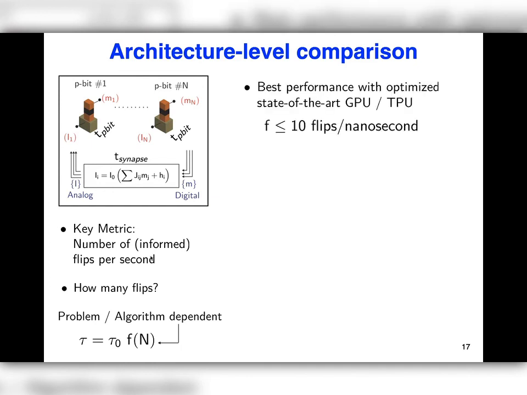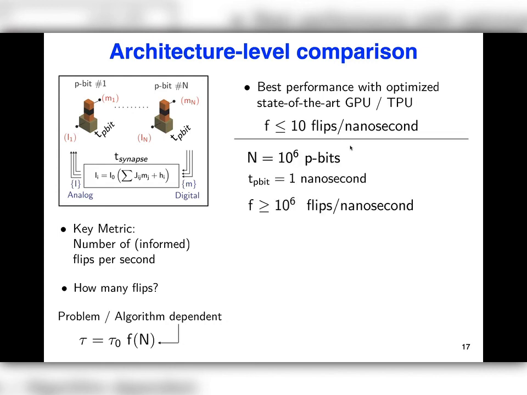And just to calibrate you, state-of-the-art performance from papers from Google, and I can share these references, are around 10 flips per nanosecond. This is what we can do in highly idealized situations where you can parallelize the updating mechanisms and so on. This is really less than 10 flips per nanosecond.